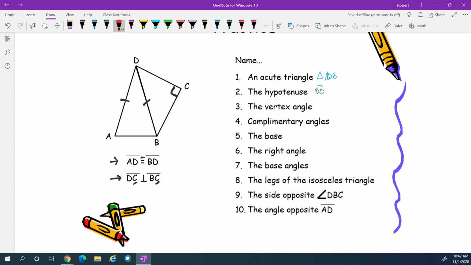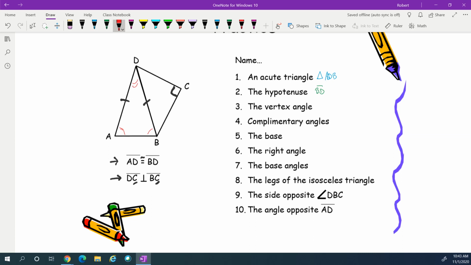The vertex angle. Well, think about it. Only an isosceles triangle has something called the vertex angle. In an isosceles triangle, so we know we're talking about the isosceles triangle in this picture, triangle ADB, there are 2 base angles that are congruent, and then there's the vertex angle.